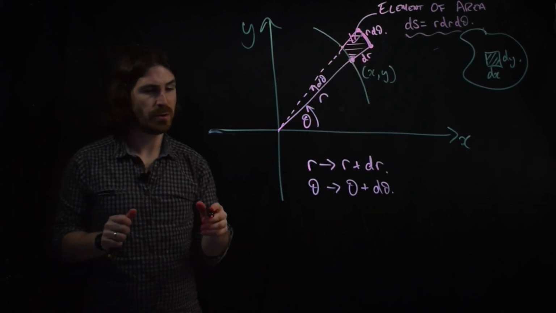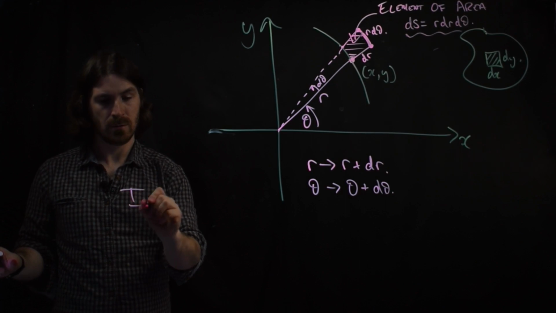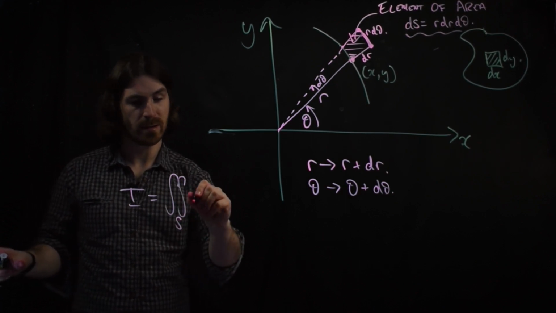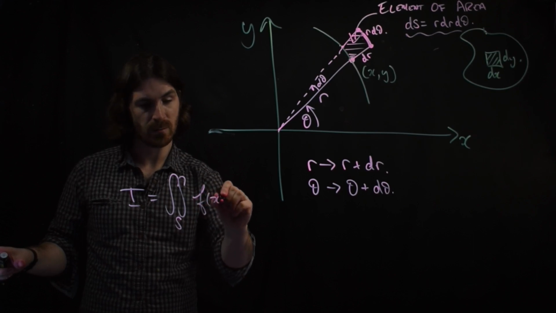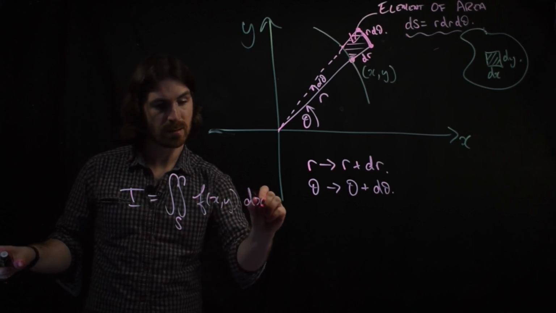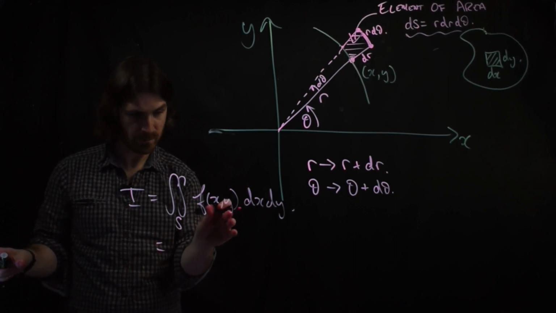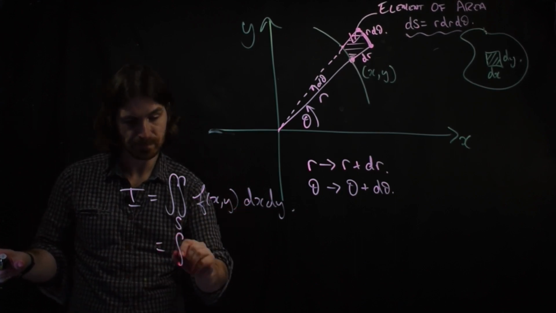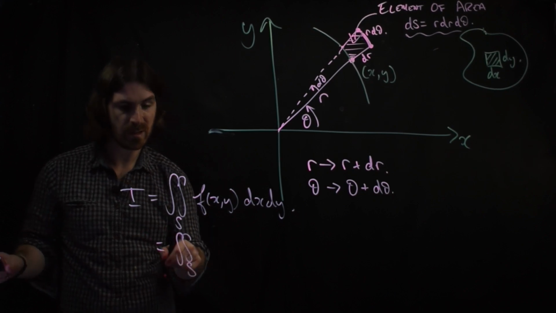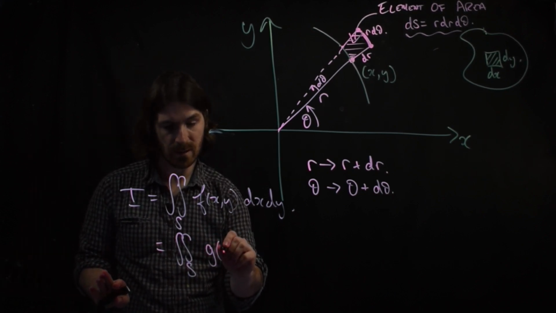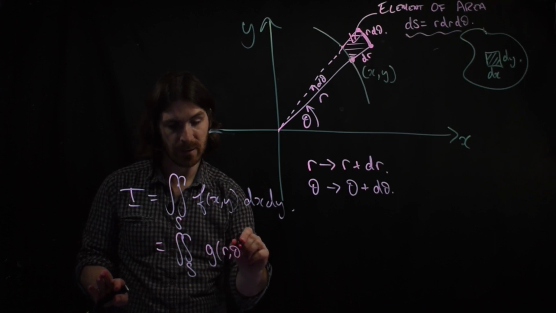So if we want to do the integral, we can either integrate over the region S the function of x and y dx dy, or we could change coordinates, change parameters. So we do the integral over the same region, but now our function is described differently in terms of different parameters, r and theta.